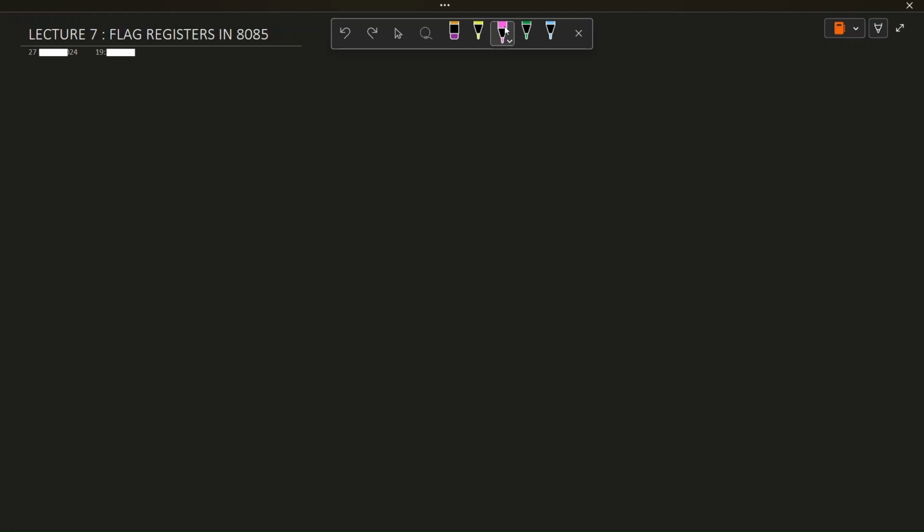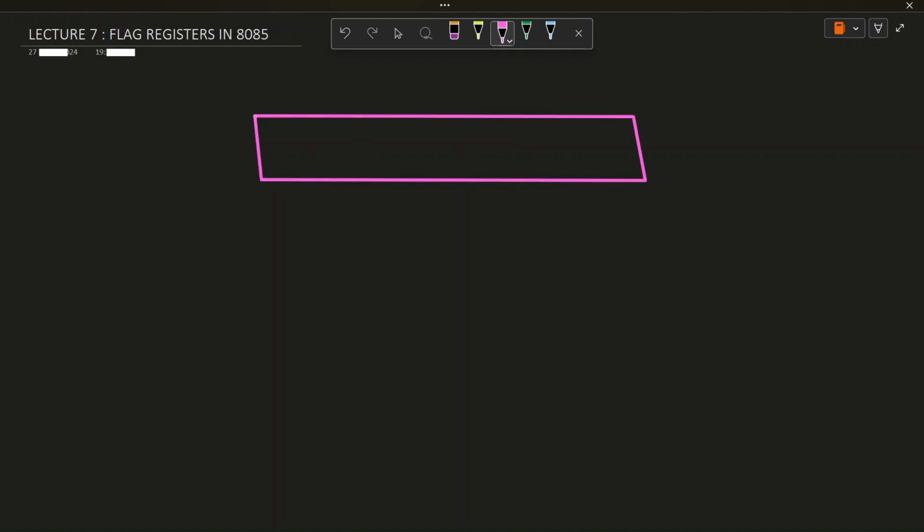Basically, the flag registers can be shown in 8 separate cells.